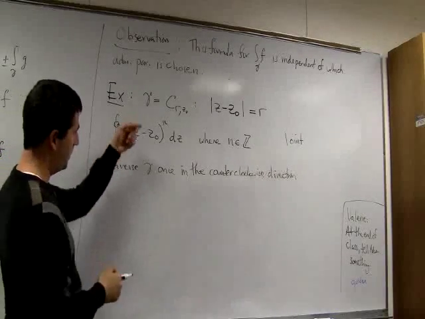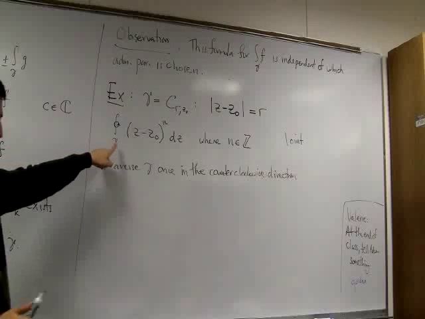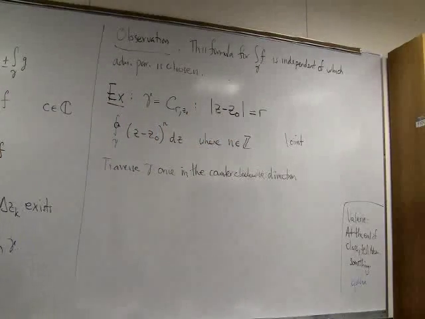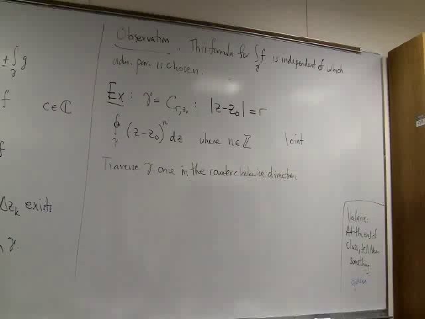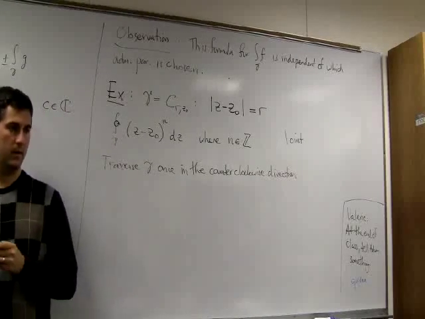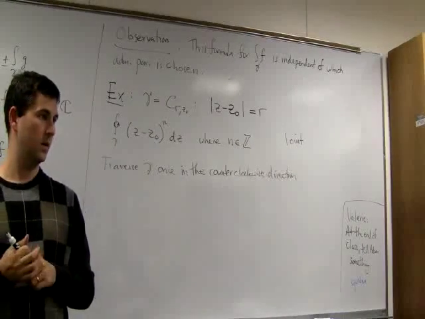Okay. So how do we do this? If we're going to use this formula, we need an admissible parameterization for gamma, which is a circle of radius r centered at z naught. How did we write down a circle? What was our parameterization for the unit circle?